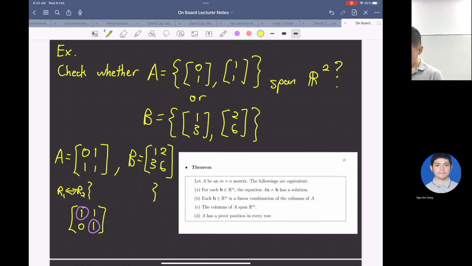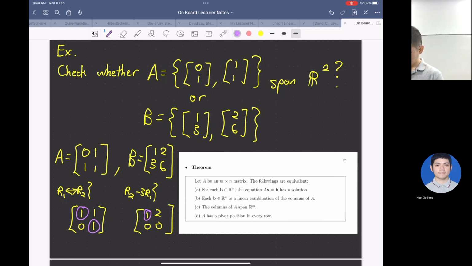How about this? If you take R2 plus 3R1, you will get 1, 2, and 0, 0. So there's only one pivot position, so there's no pivot position in every row.